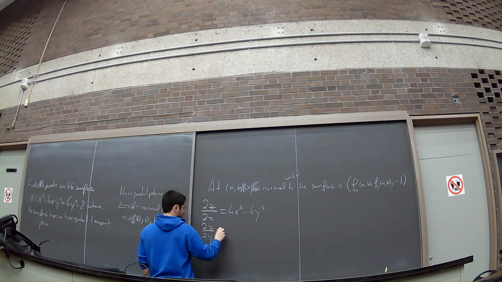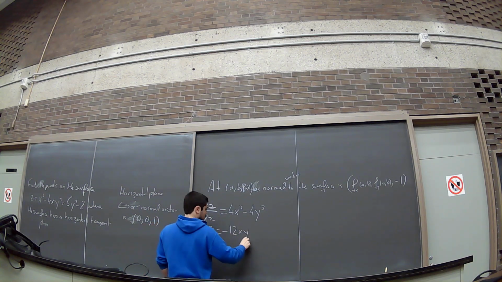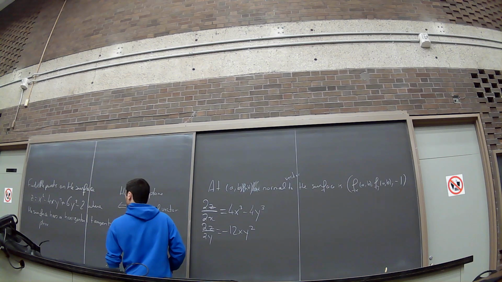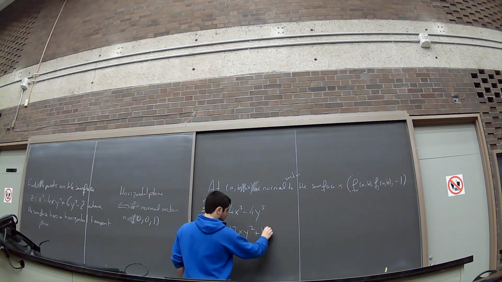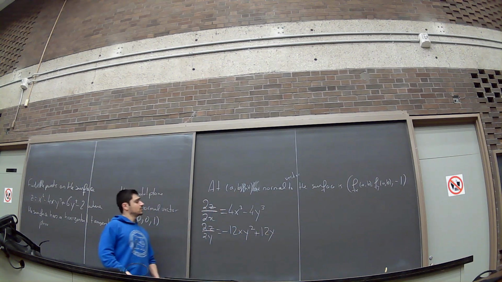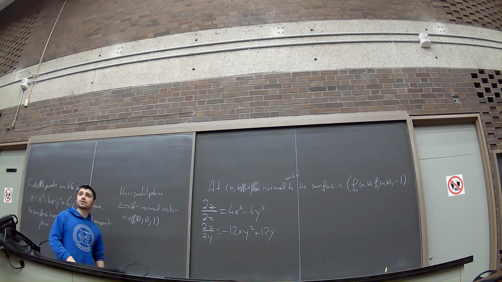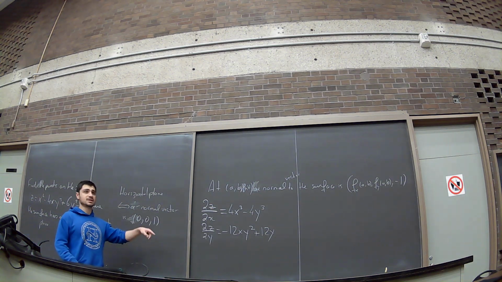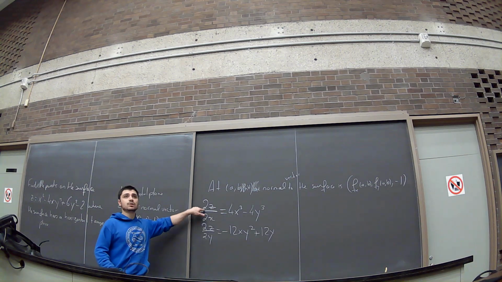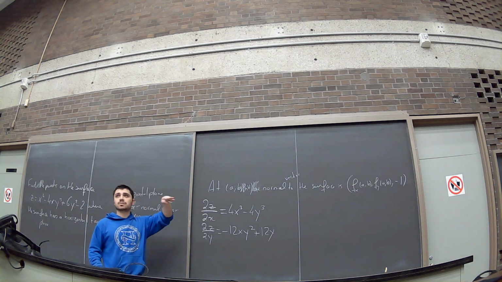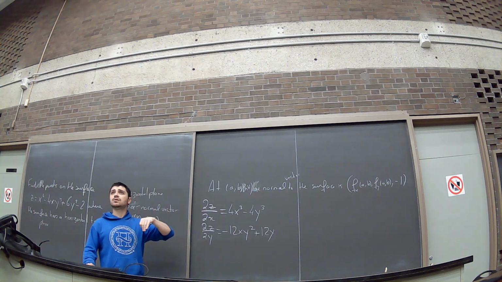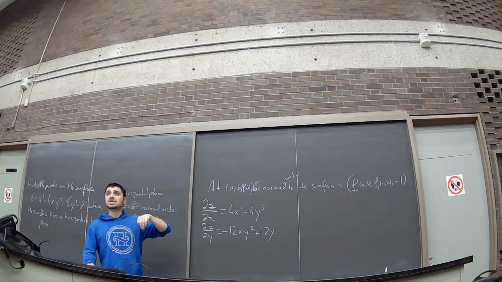Minus 12xy squared plus 12y. So I need to solve these two equations simultaneously. Everybody agrees that if I have these two equal to 0, then my tangent plane is horizontal. Do we all see why or not?